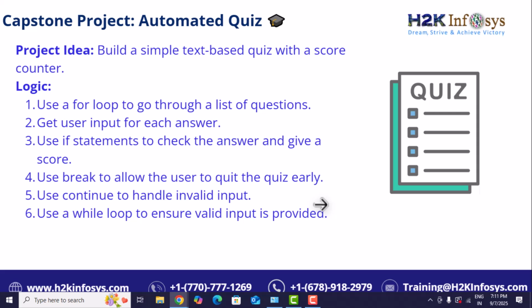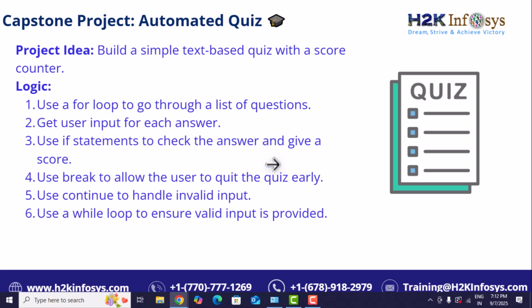Now there is one combined project, using whatever we have learned till now from loops. You have to design a simple text-based quiz where you use a for loop. I suggest you also make a try with a while loop. You can prepare a list of questions and answers and get the answers from the user using the input function, and use the if statement.